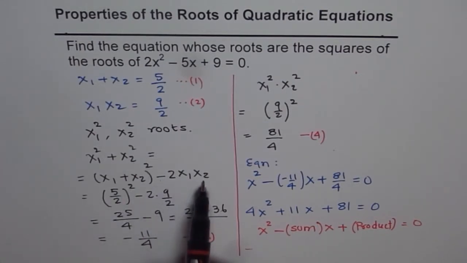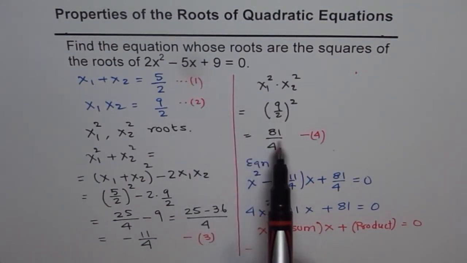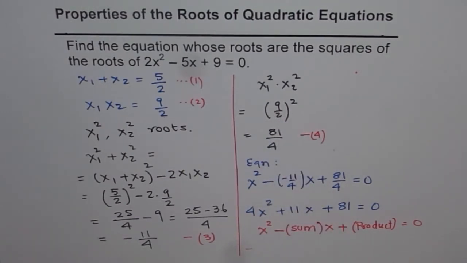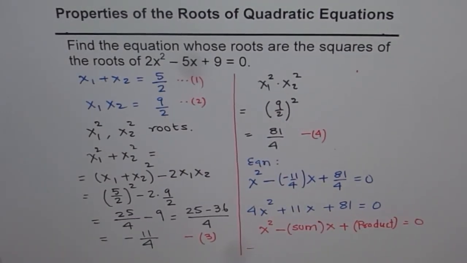So we subtracted 2ab to get x1 square plus x2 square and found the value is minus 11 over 4. And then we found the product, which is 9 over 2 whole square, and then the equation. So that is how we can find the solution of the given question, right?